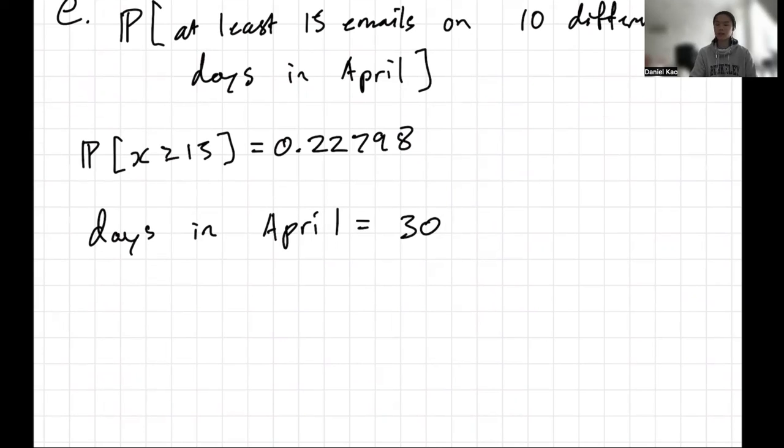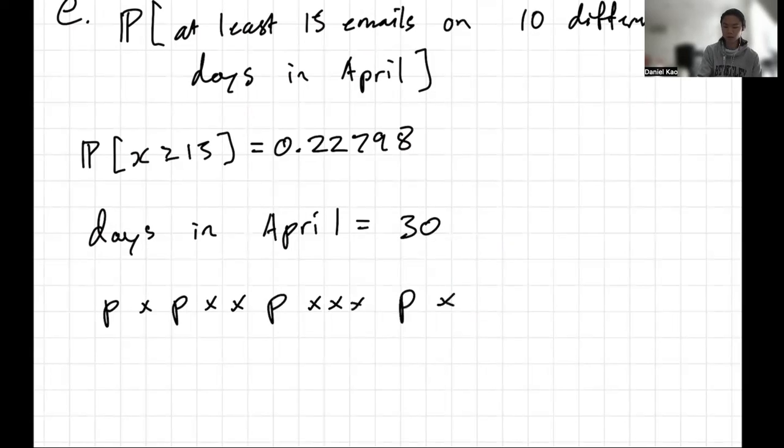So what's the possibility that we have 10 days where P happens in 30 days? Well, that might look something like P happens on the first day, not on the second day, yes on the third day, not on the fourth, fifth, sixth, seventh, eighth, ninth, here, right?